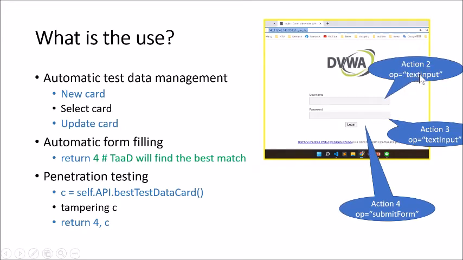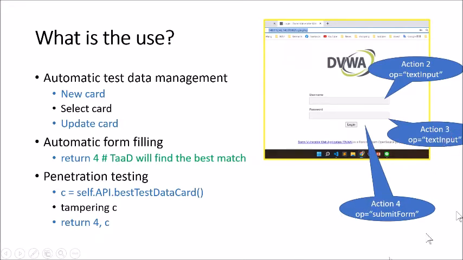The operation code is text input. And the password field is also an action, and it's number 3. And also the operation code of the action 3 is also text input.